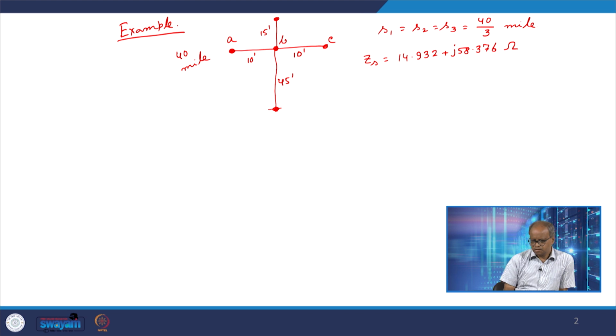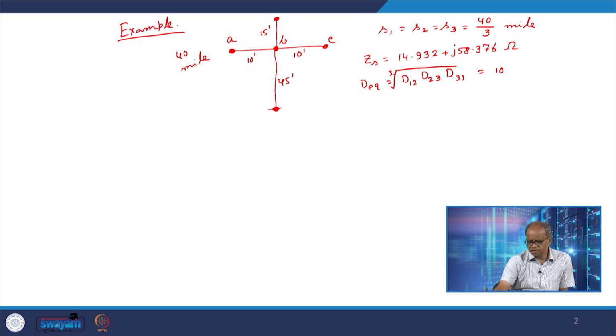Now to calculate Z0, Z1 and Z2, we need to calculate Zk, and to calculate Zk we need to calculate Deq. So Deq is the cube root of D12 times D23 times D31. Here this is position 1, position 2, position 3.